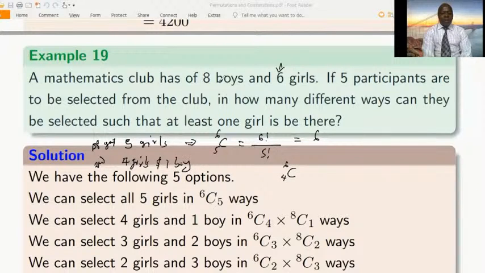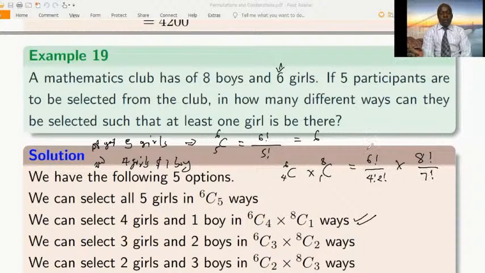And 1 boy out of 8 is combination 8, 1. That's what I have here. And of course, the first one is 6 factorial over 4 factorial times 2 factorial. And this one is 8 factorial over 1 factorial, 7 factorial.